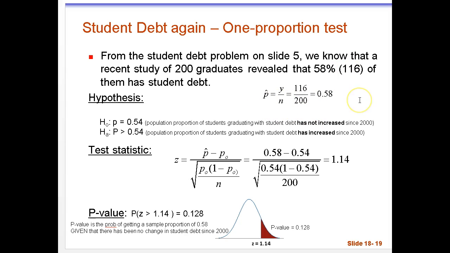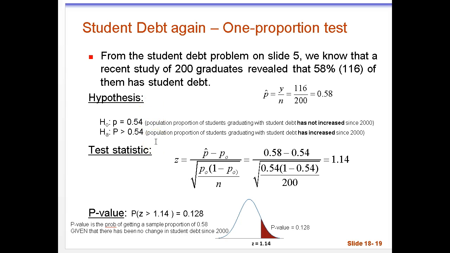So if we weren't already given the sample proportion, we might have been told that, for example, 116 of 200 surveyed graduating students graduated with student debt, and that worked out to a sample proportion of 0.58. That 0.58 needs to get compared to the proportion of students with debt back in 2000.